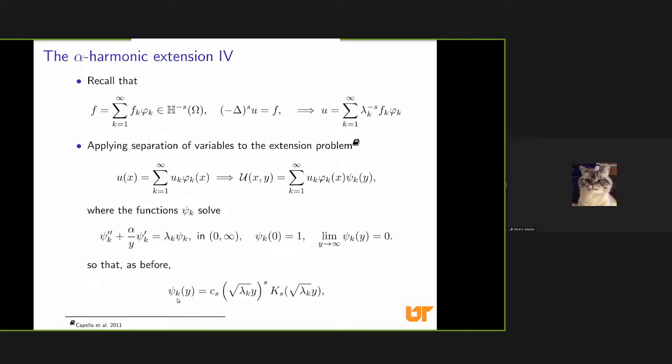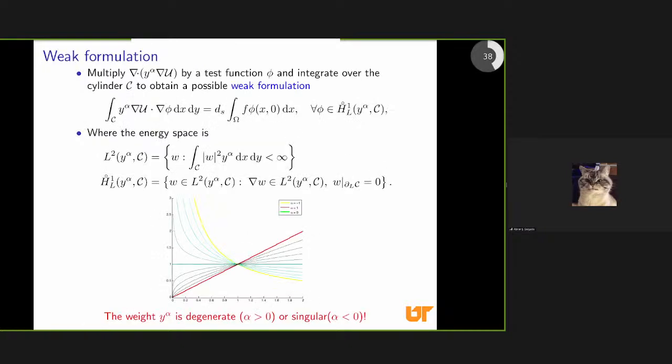So you know they're going to be these modified Bessel functions. You can use this to derive a very refined regularity theory that I don't have time to detail, but the point is that you have a lot of information of the solution to this problem, and so you can say a lot about the regularity of the solution to this problem.